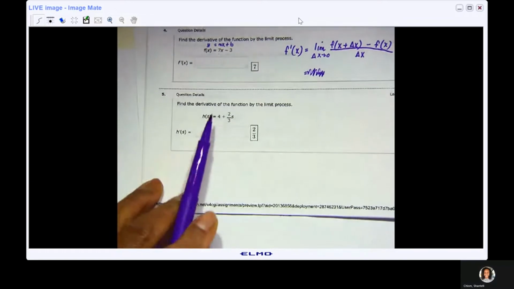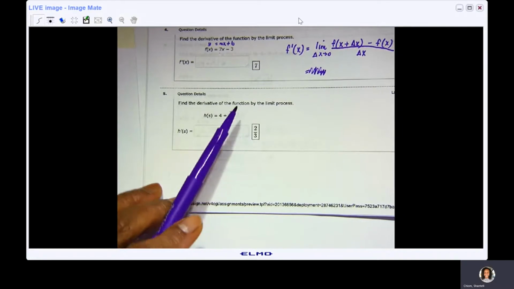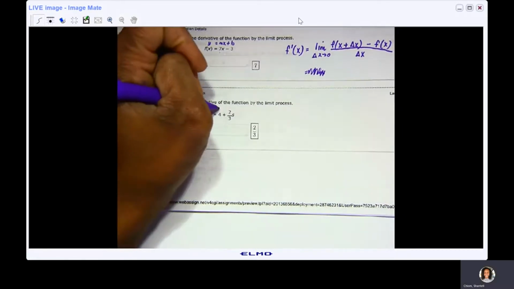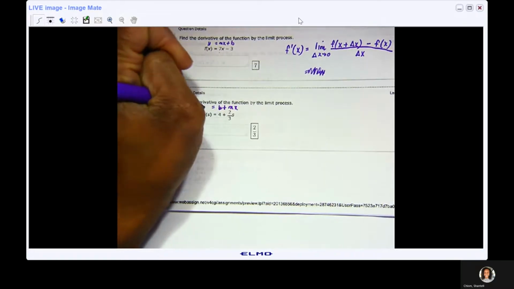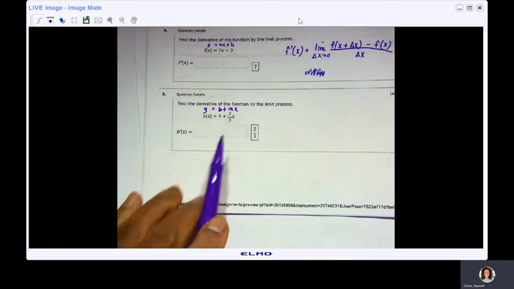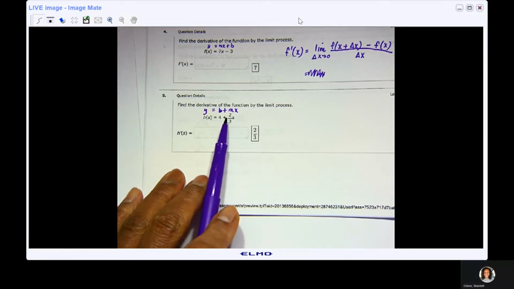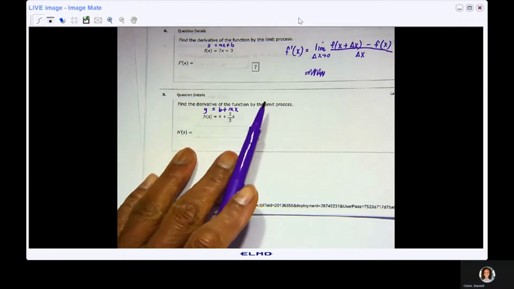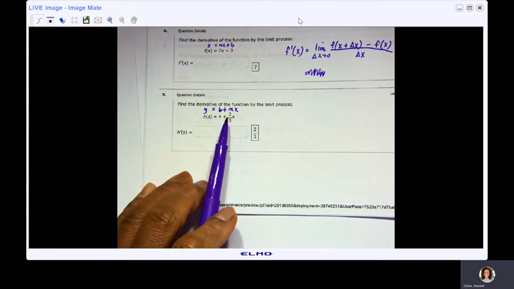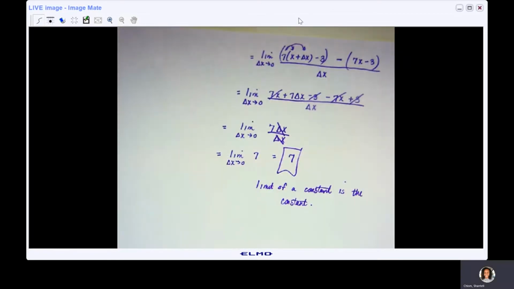Here's another one. There are properties that will apply, but because of that, we don't have to use the limit process.